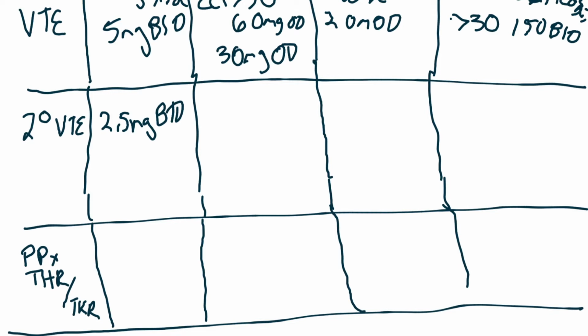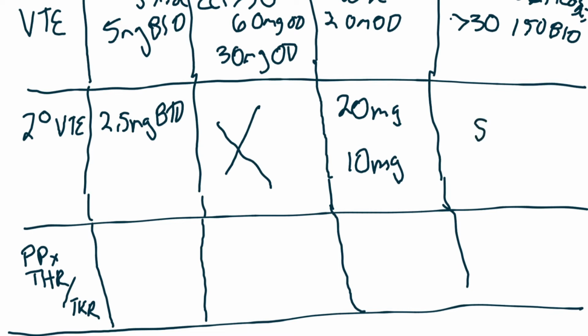For edoxaban, secondary prevention is actually not approved. For rivaroxaban, the secondary prevention dose of 20 milligrams is approved, and there is a trial that we will talk about shortly called the Einstein Choice trial, which has looked at 10 milligrams as well. So you can continue on with 10 milligrams. And then for dabigatran, you can extend prophylaxis with standard VTE dosing.